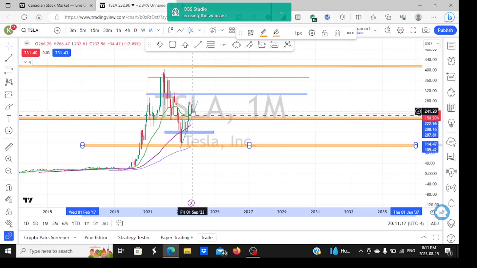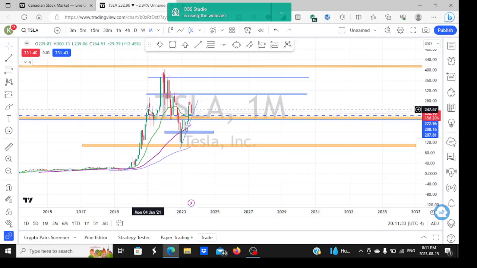So it can come down. I have this as a level I'm going to watch, because I mark this as a level because at this point in the monthly, stock was up, and then it did a pullback, and then it went up.